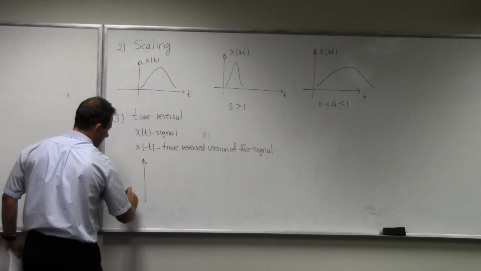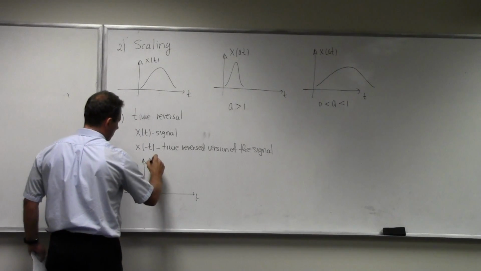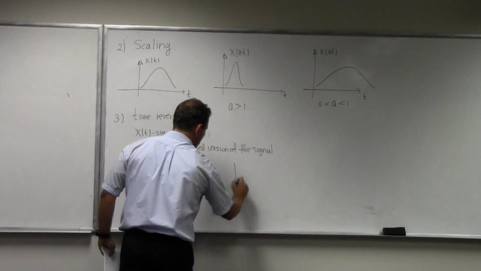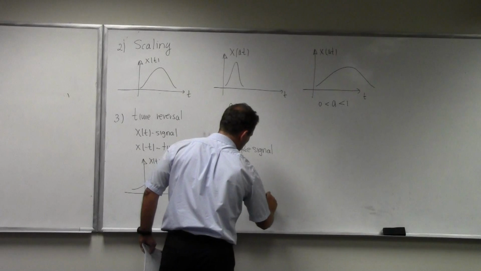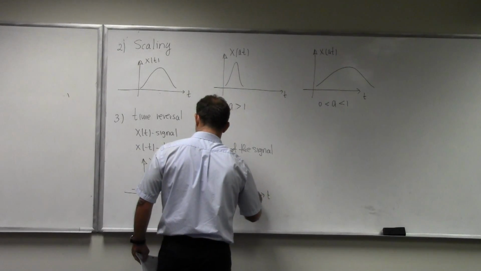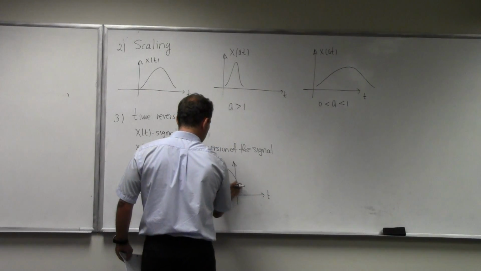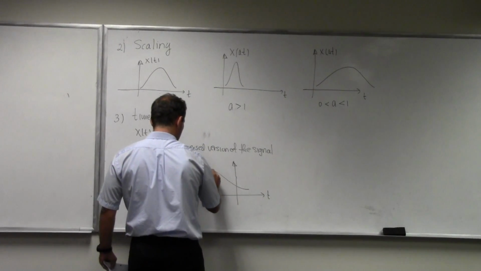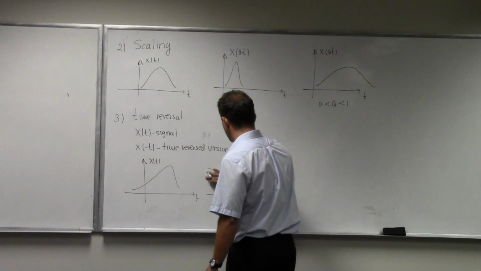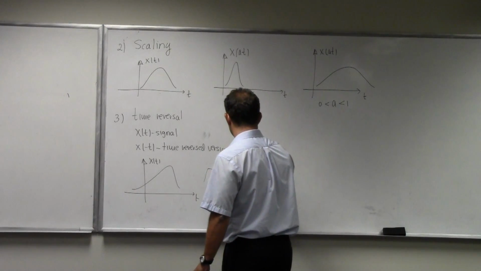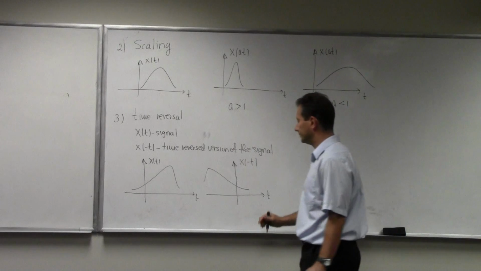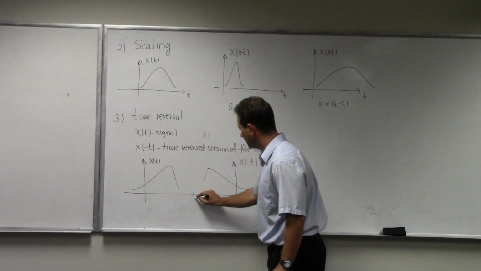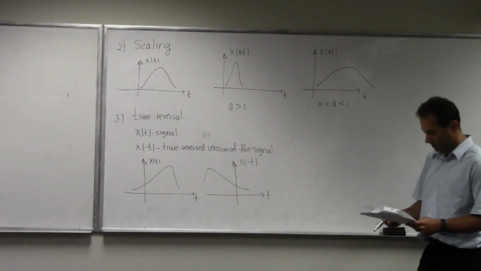So if x of t, let's say, looks somewhat like this, then your time reversed version of x of t might look somewhat easy to draw. Right? It's like a mirror image of the first one. So this is x of minus t. Right. This one advances to the right. This one advances to the left with the t.